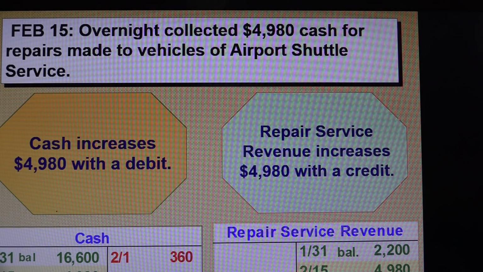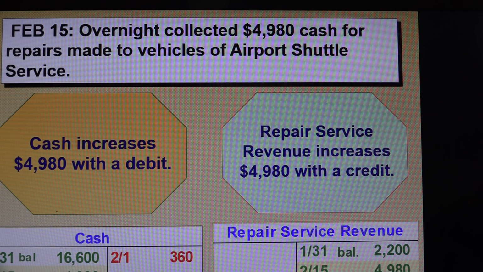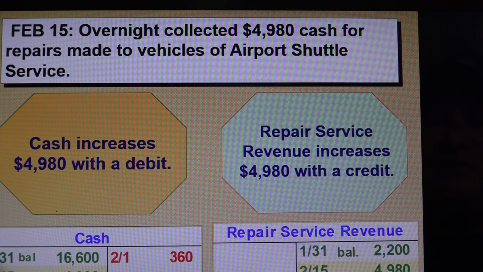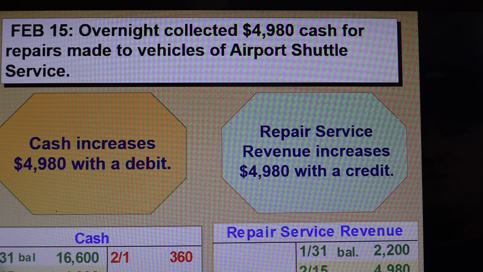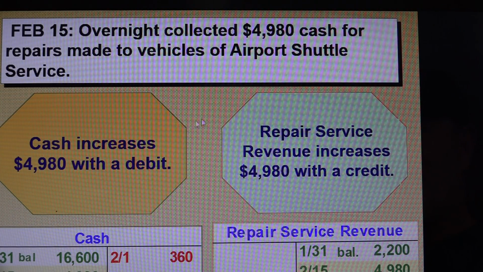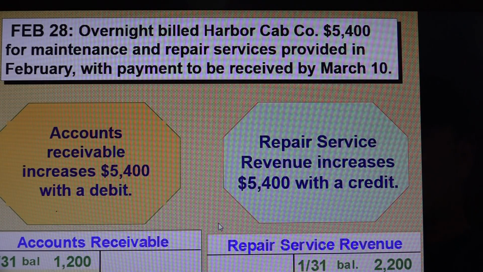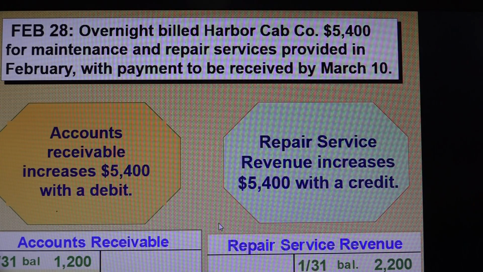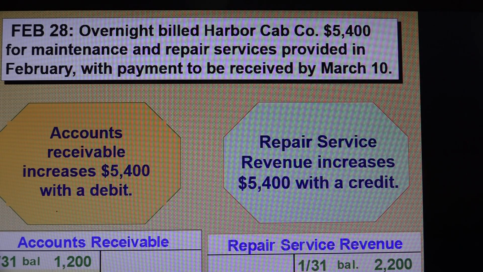February 15, Overnight collected $4,980 cash for repairs made to vehicles. So we debit cash, increasing it, and we credit repair service revenue, increasing that by $4,980. We bill Harbor Cab Company for maintenance and repairs provided in February, with payment to be received March 10.